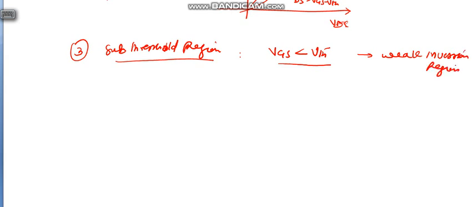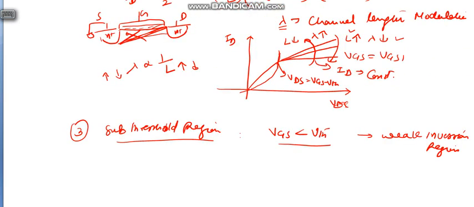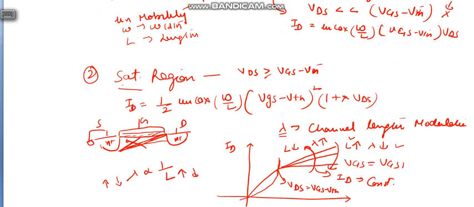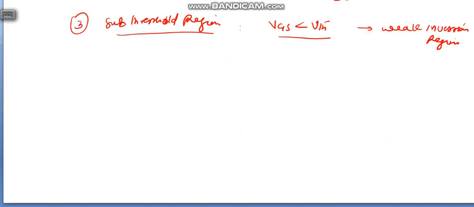Now, the saturation region is known as the strong inversion region. The equation for this region is basically ID equals I naught exponential VGS by VT.